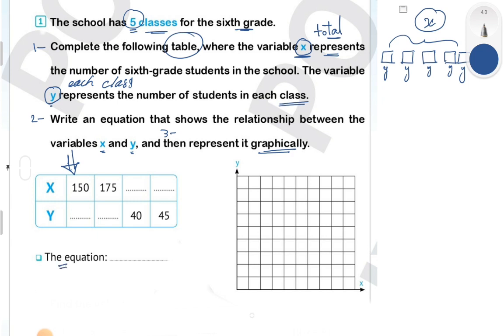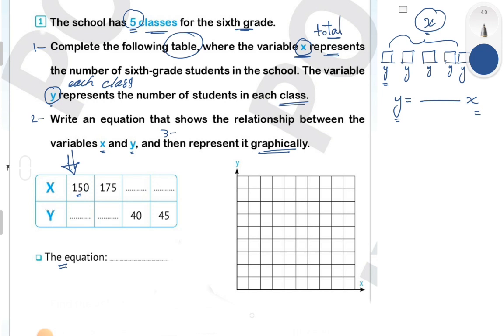When I have x as independent and y as dependent, so y equals what of x? How to find the value of y when I know the value of x? For example, I have x equal 150. I need to find the value of y.